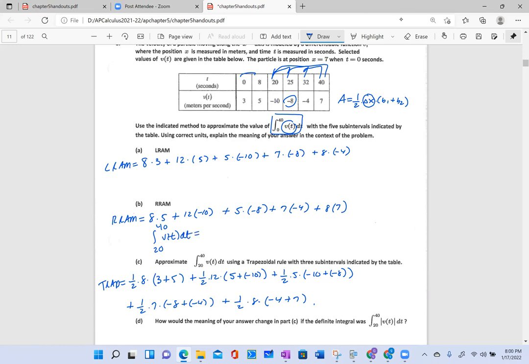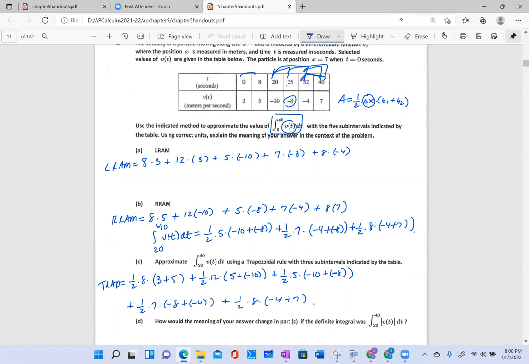So that will be equal to 1/2 times 25 minus 20, which is 5, times negative 10 plus a negative 8, plus 1/2 times 7 times negative 8 plus negative 4, plus 1/2. Again, these are your delta x's. 40 minus 32 is 8, times negative 4 plus 7.